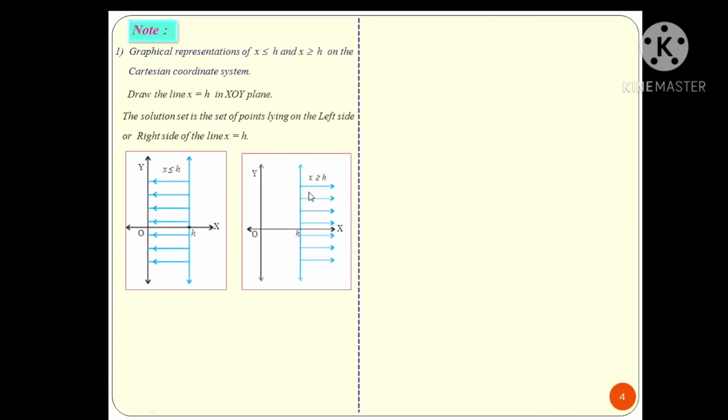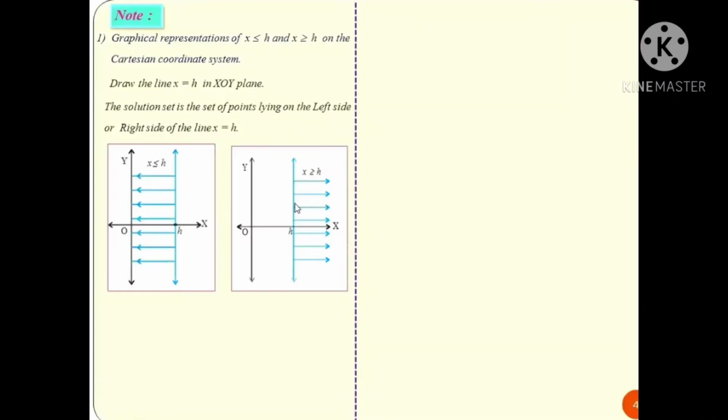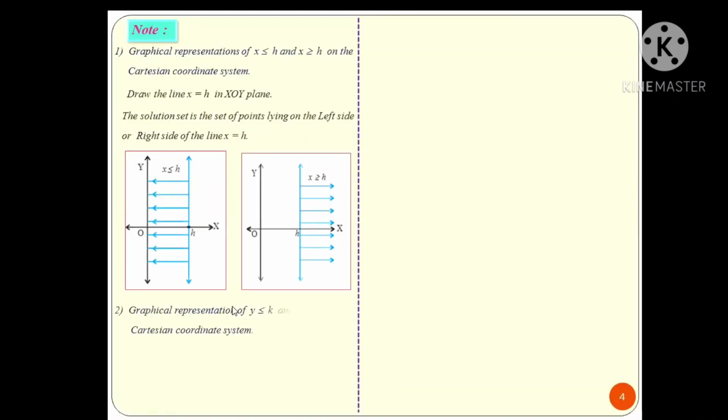Check the second figure, x greater than or equal to h. From that line x is equal to h, the region is towards the non-origin side, that means the opposite side of the origin. Less than sign, region towards the origin side. Greater than sign, region is towards the non-origin side.